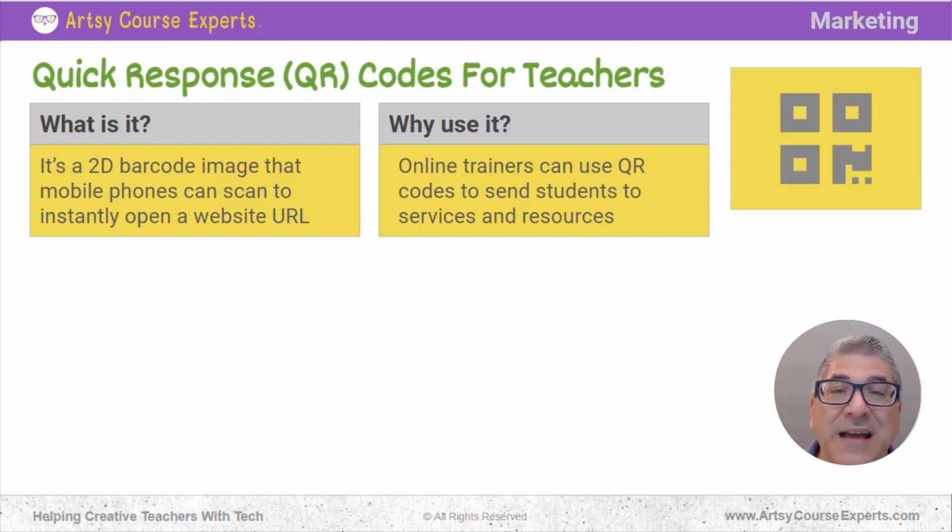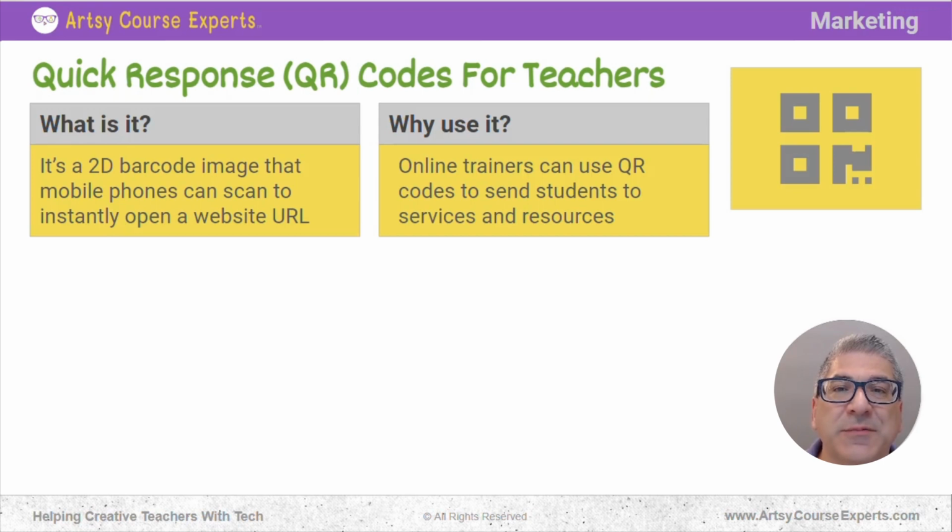You can create many QR codes. Some QR codes could go to your website or your course system or your community, or it could be very specific, like a QR code could teach a very specific thing and take a student to a specific training video or a specific resource PDF.